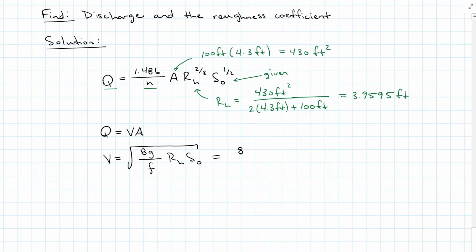So that's going to be 8 times 32.2 feet per second squared all over the friction factor that was given to us at 0.13 times the hydraulic radius, 3.9595 feet, and then times that slope.